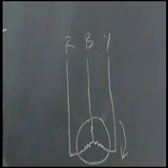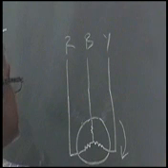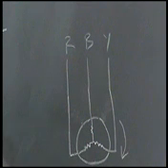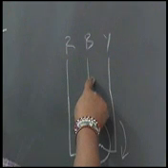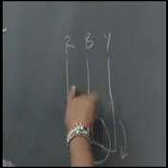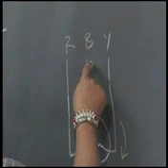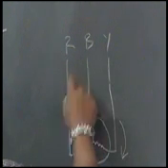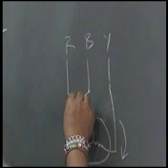We simply have to interchange any two phases, either B and Y, or R and Y, or even R and B. Then the reversing of the motor is possible.